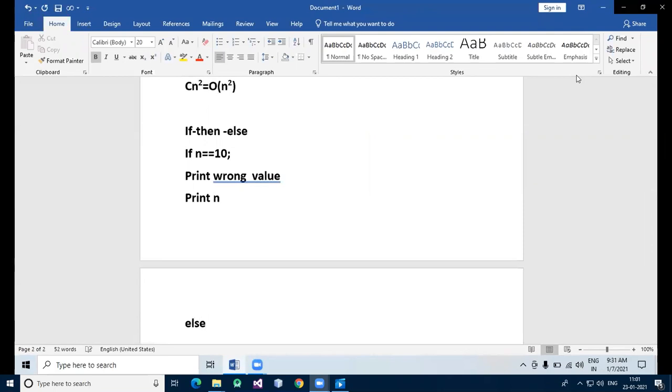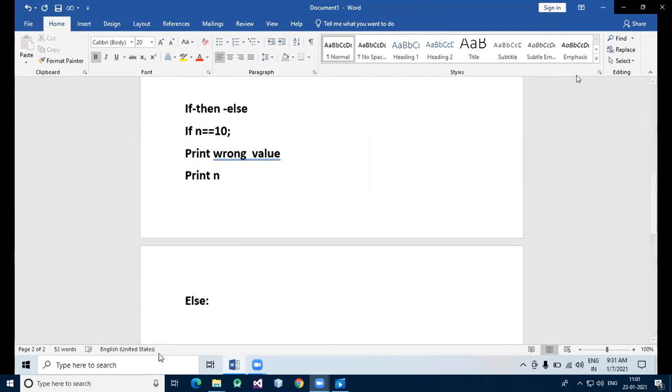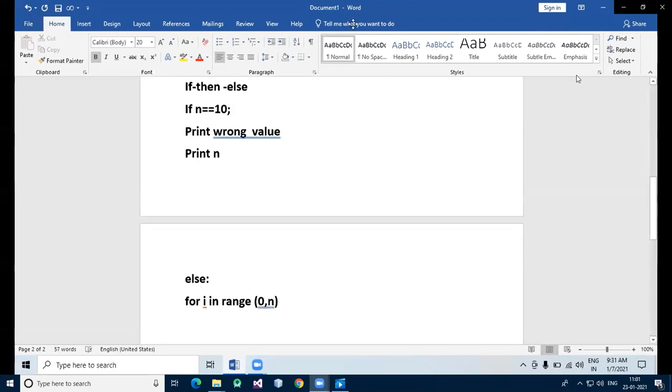Else, for i in range n, it needs to complete n times, then print current number i.